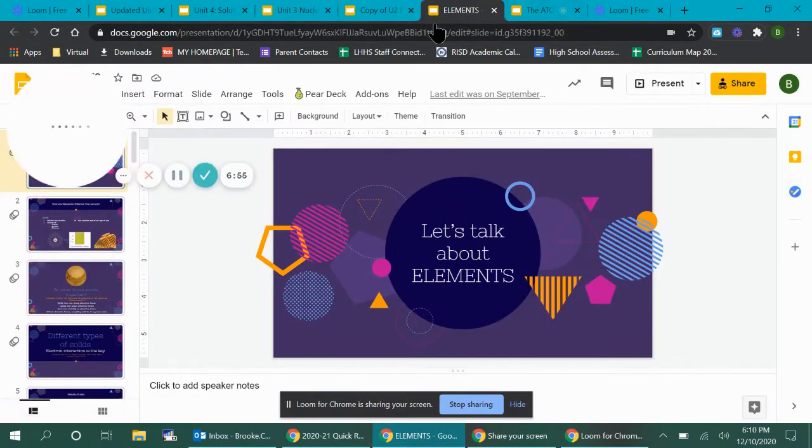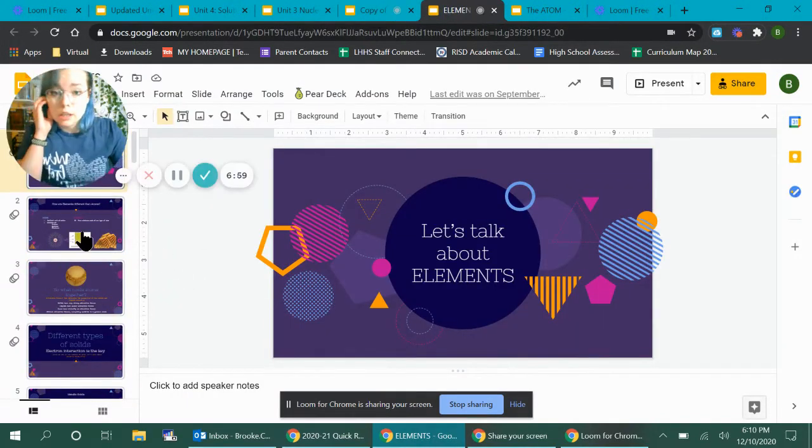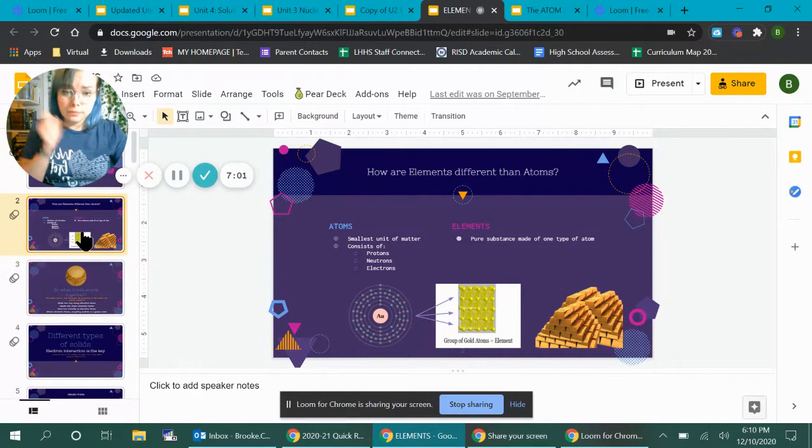Unit 2. Okay, so like I said, elements. They are a pure substance made out of just one type of atom. If we have multiple types of atoms, we're talking about compounds, which we got into towards the end of the semester, right?